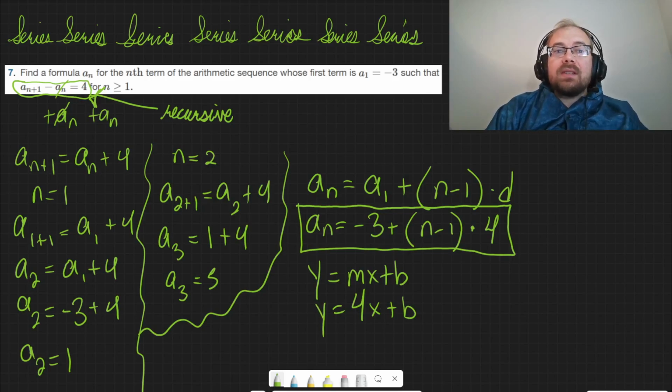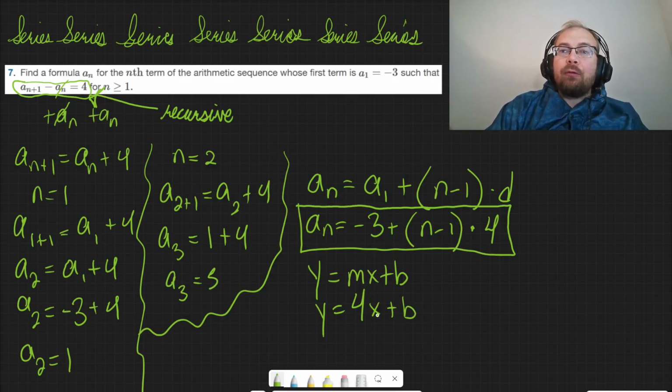And then we need to know a certain point in order to figure out what b is supposed to be. Well, we know the first term, remember I said that n is like x? Well, the first term, n equals 1, is going to be -3.